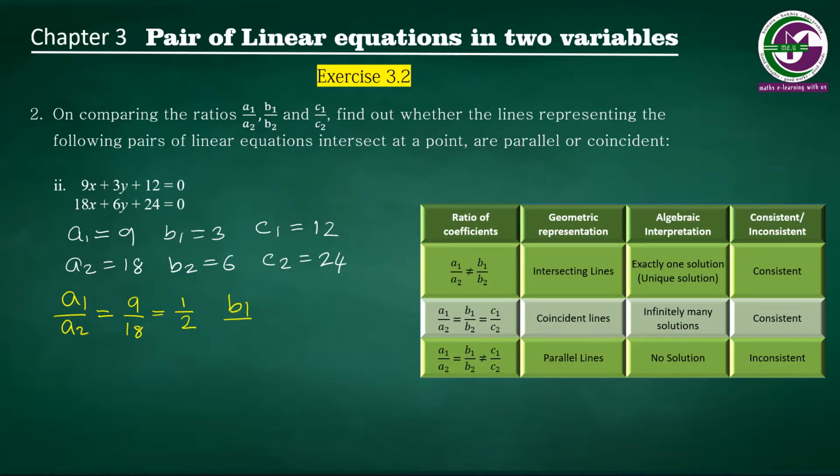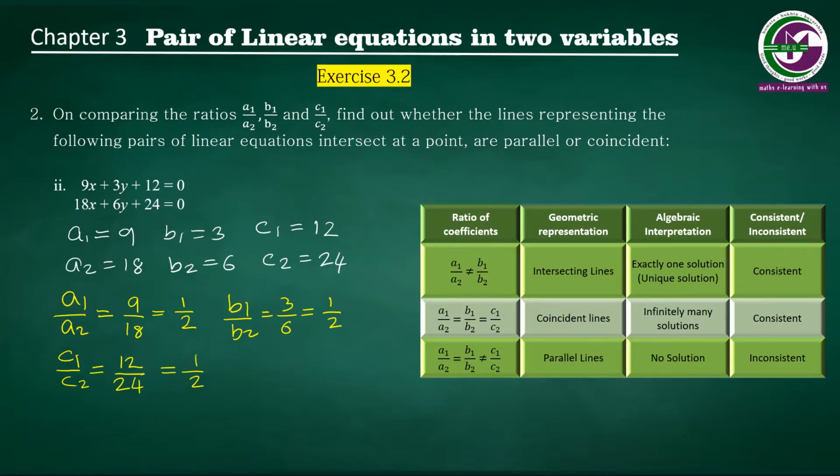b1 by b2 is 3 divided by 6. Here also you can cancel numerator and denominator by 3, so you'll get 1 by 2. Since a1 by a2 and b1 by b2 are equal, we need to find c1 by c2 also. c1 by c2 equals 12 divided by 24, which is also 1 by 2.